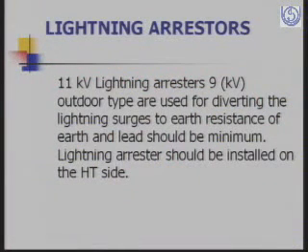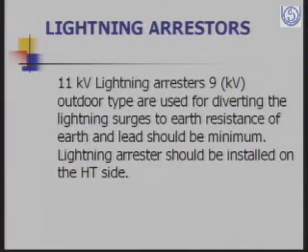So for protection of these distribution transformers, we use lightning arresters, 11 kV lightning arresters, 9 kV rating, outdoor type, and these are used for diverting the lightning surges to earth.